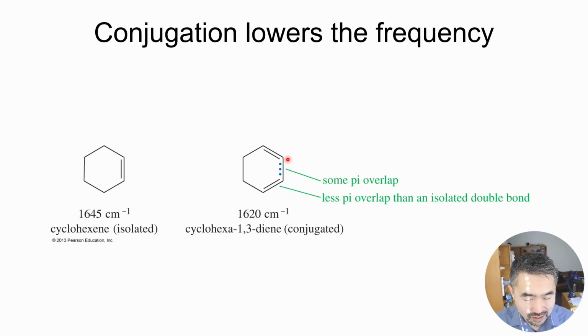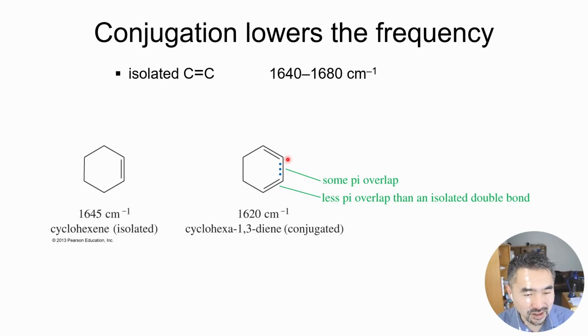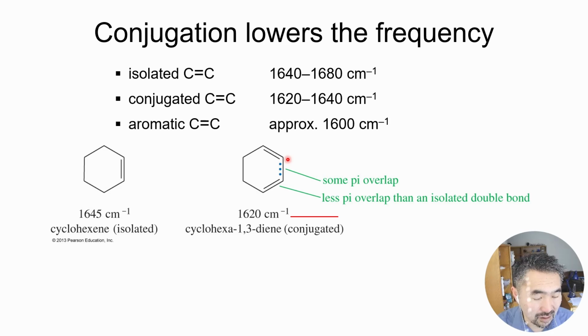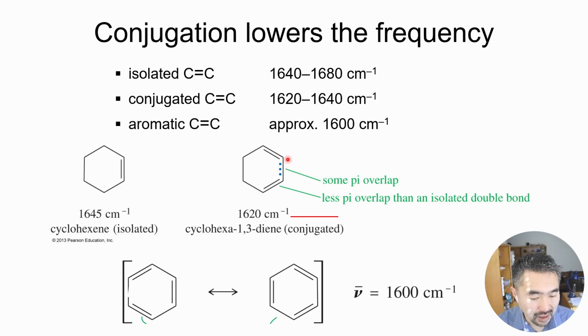It's kind of like when you have friends next to you, you might be more relaxed than with a bunch of strangers next to you, right? Kind of like that. So they vibrate at a lower frequency than an isolated carbon-carbon double bond. And this gets even more intense for aromatics because it's all in resonance, or conjugated.